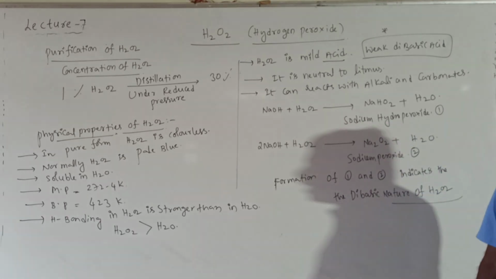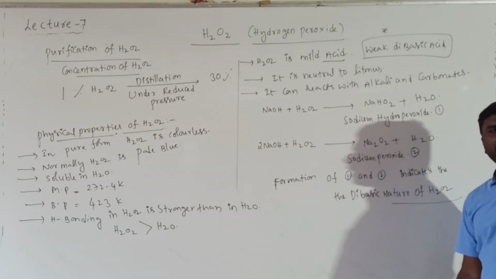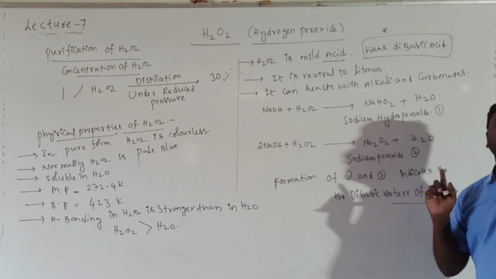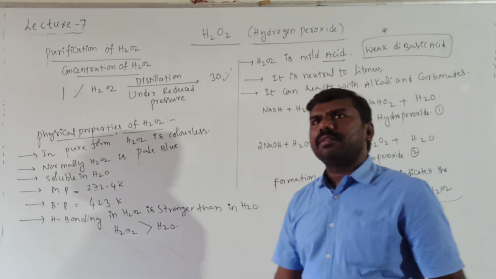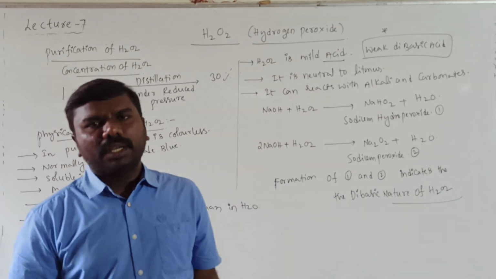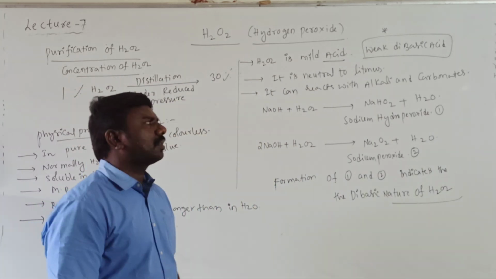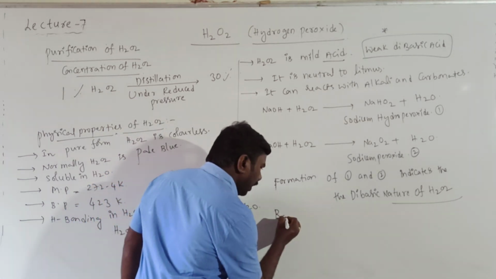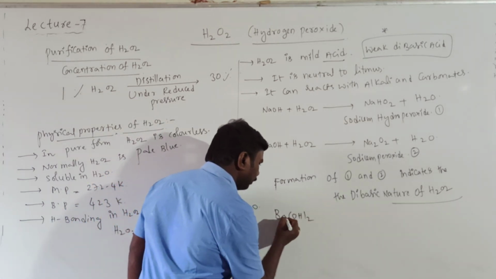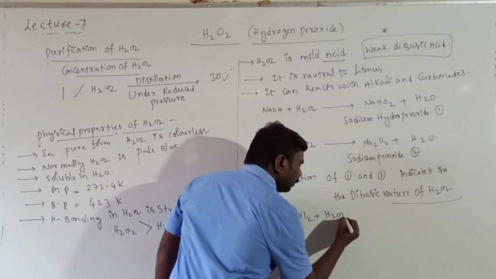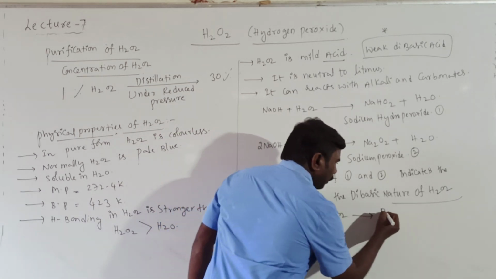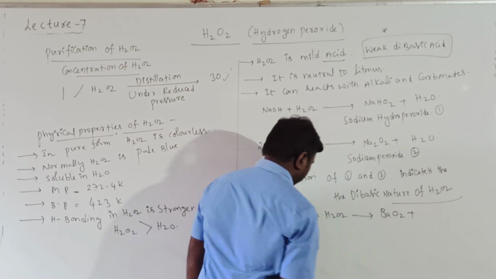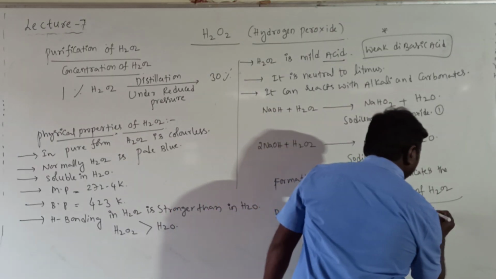H2O2 is a mild and very weak acid, that too a dibasic acid. The basicity of H2O2 is 2. It can lose 2 H plus ions on its own. It can react with barium hydroxide: Ba(OH)2 plus H2O2 gives rise to BaO2 plus 2H2O.